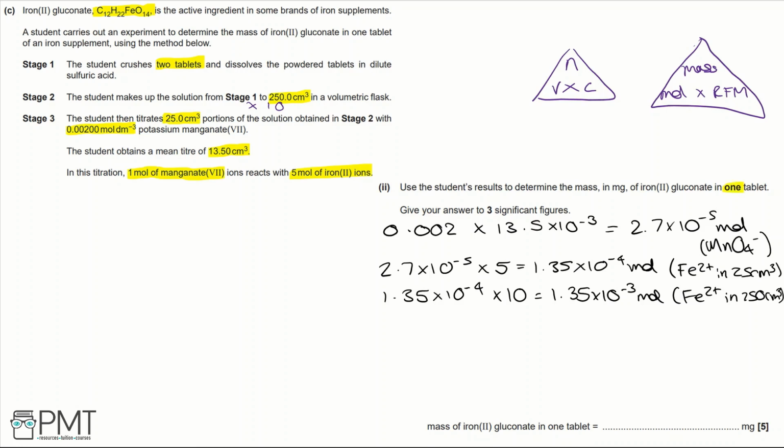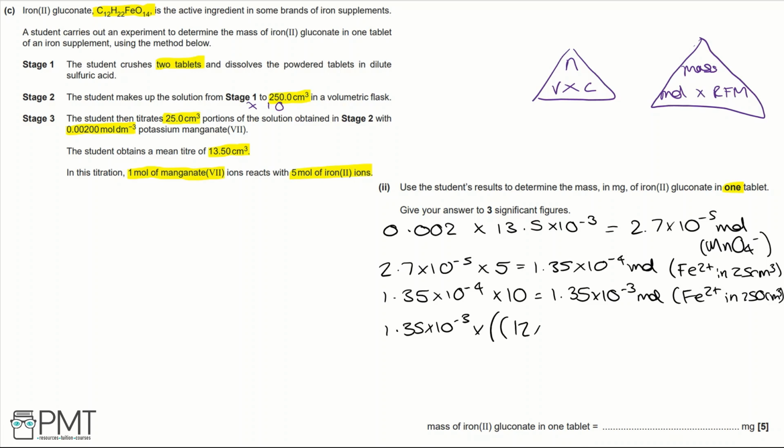It's important that it's 1 tablet because we are crushing 2 during this experiment. So we need to divide by 2 at the end. But firstly, using this equation triangle, we would do 1.35 times 10 to the negative 3 multiplied by the relative formula mass of our iron 2 gluconate.